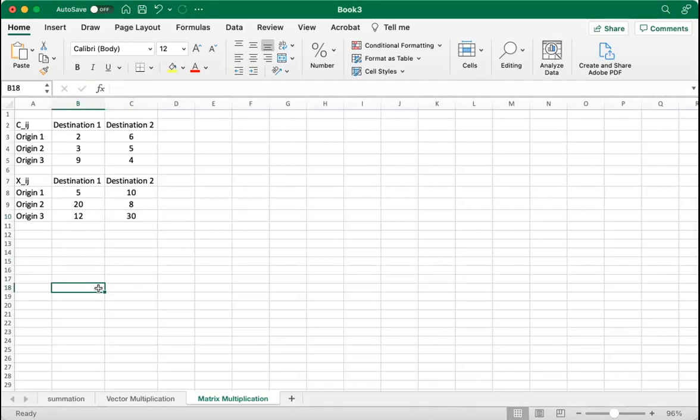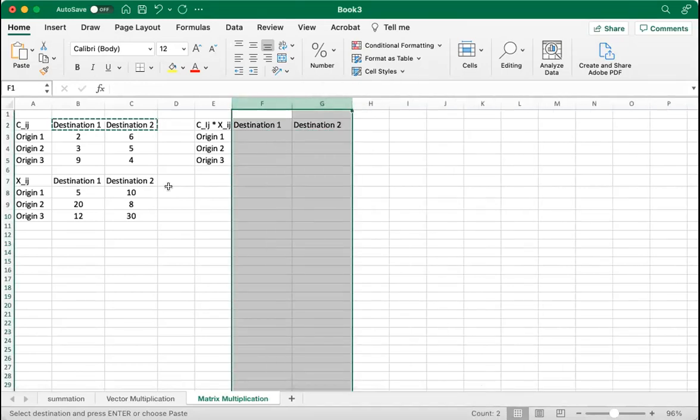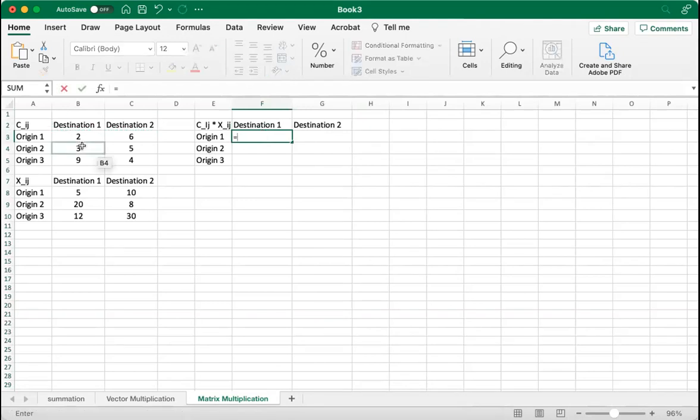So what we could do is really do the long way, right? We can just calculate Cij times Xij, which effectively would be, I'm going to take 2, multiply it with 5.